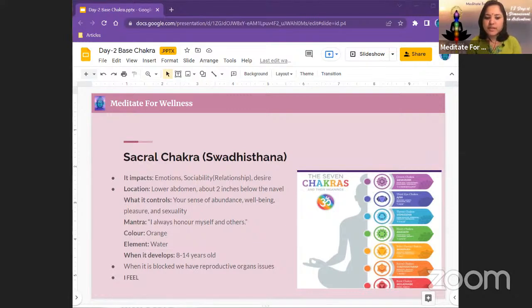And so the color of this chakra is orange. From the 5 elements, it depends on the water element. So it usually develops during our growth when we are 8 to 14 years old.